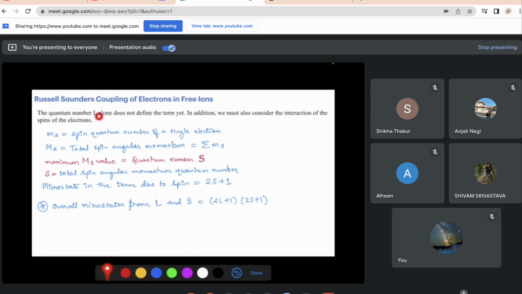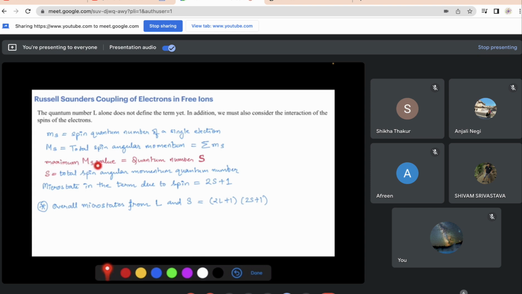The quantum number capital L that we have seen alone does not define the term. So in addition, we must also consider the interaction of the spin of the electrons. For that, ms is the spin quantum number of a single electron, and capital MS is the total spin angular momentum. It can be calculated as the summation of the spin quantum number of each electron.